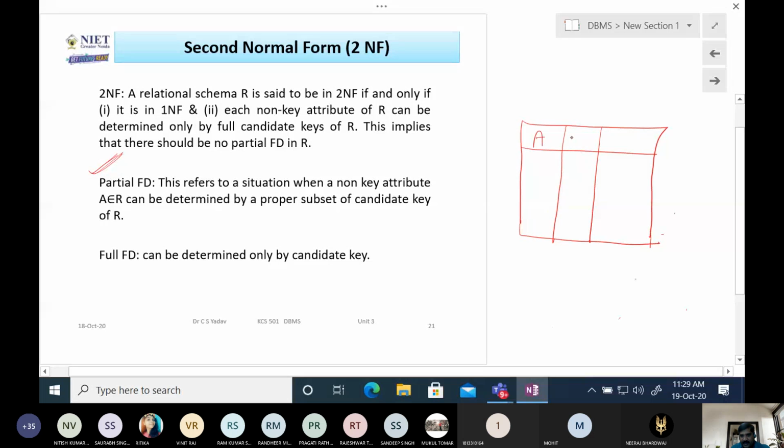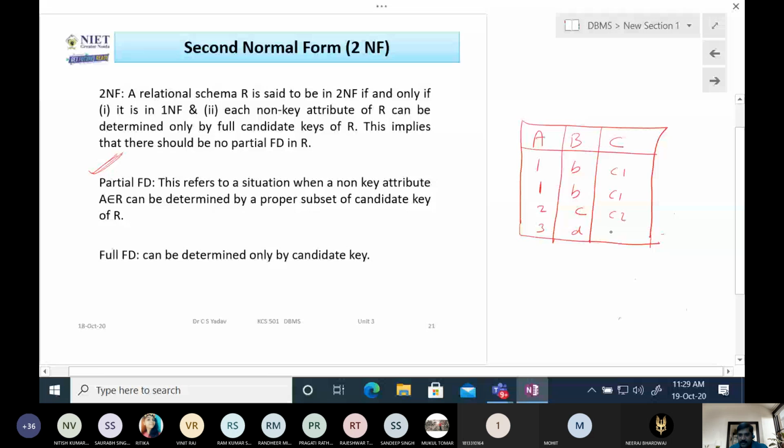Here we have A, B and C. Then here we write 1, 1B, 2C, and then 3D. And again here we write C1, C1, then C2, and here C3.